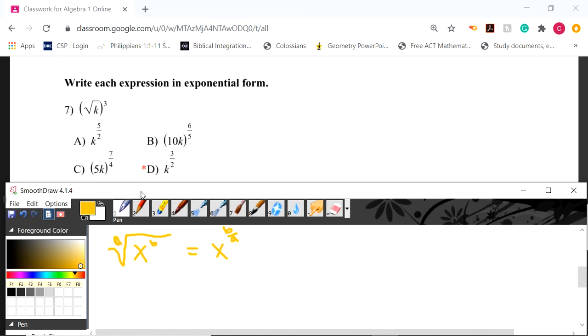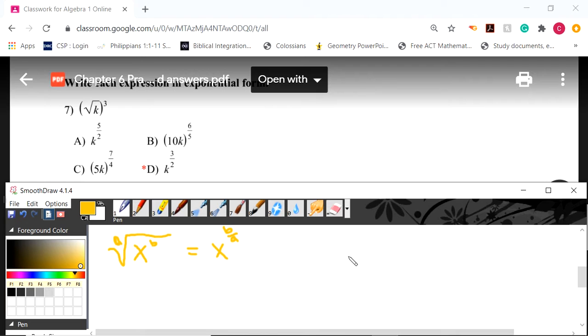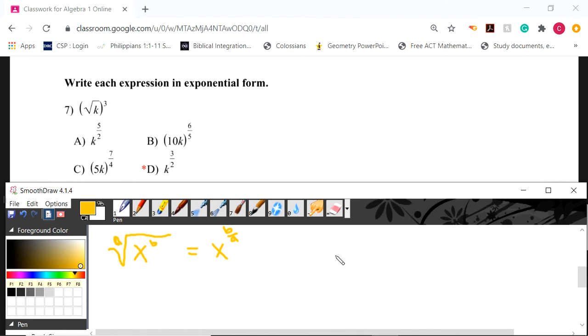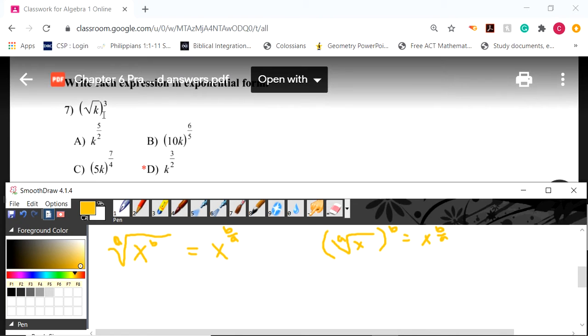Okay. So here we have an x that's being square rooted, then raised to 3. So really, and then let me rewrite another one here for you. Same thing here. Okay, so here we go. K to the 3 over 2, because this is a square root, so that's going to be a 2 there. So it's k to the 3 over 2.